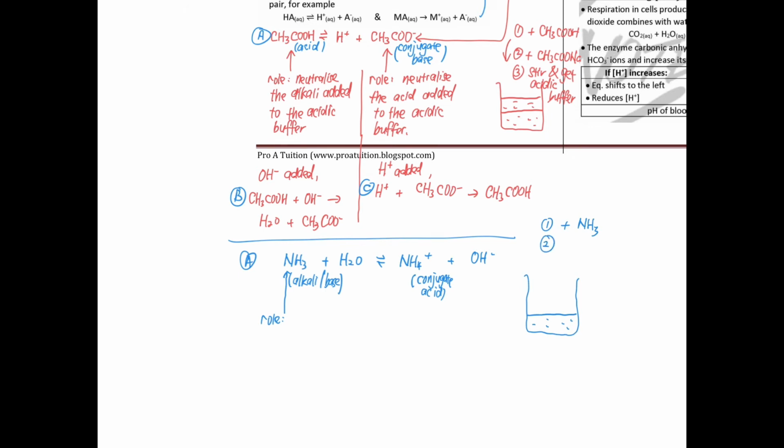Okay, so the problem is ammonia is a weak alkaline. A weak alkaline doesn't dissociate much to the ions. So in order to have a lot of conjugate acid, right? We have to add ammonium chloride.